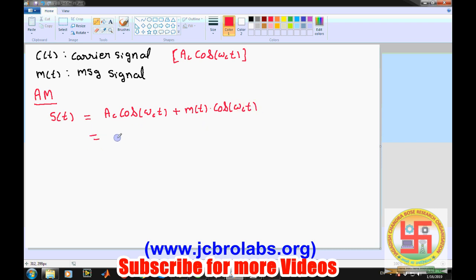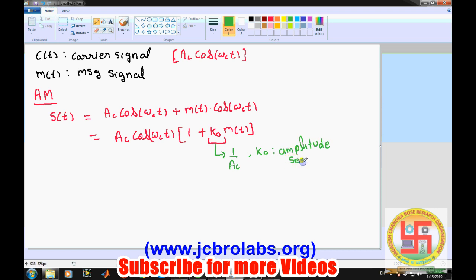If we take Ac cos(omega_c t) outside of this complete expression, it will become 1 plus Ka m(t). Here Ka has the value 1 by Ac, and this Ka is defined as the amplitude sensitivity of the signal.